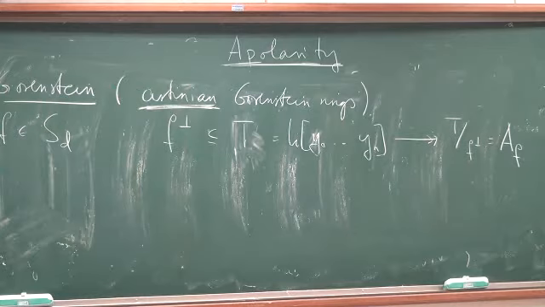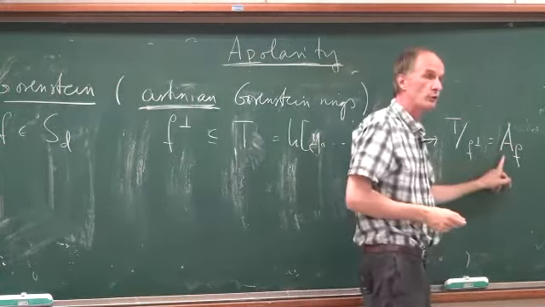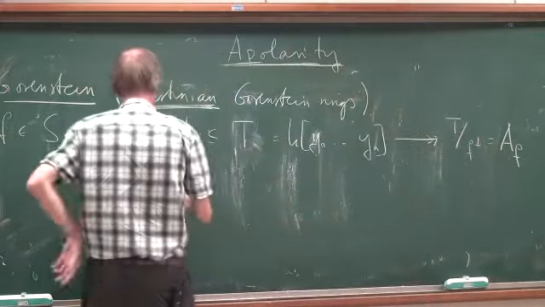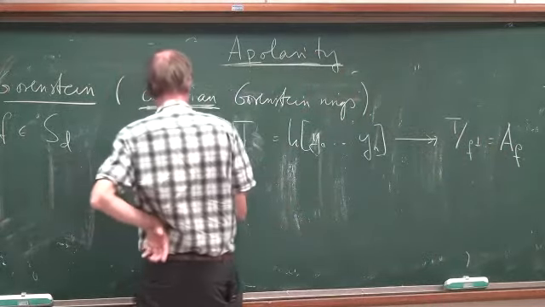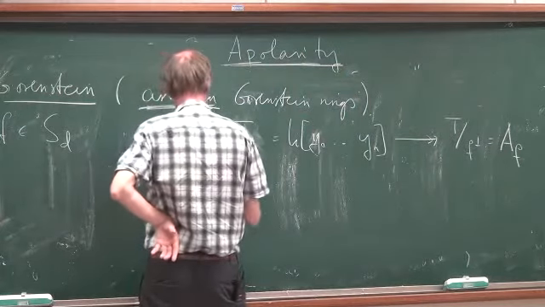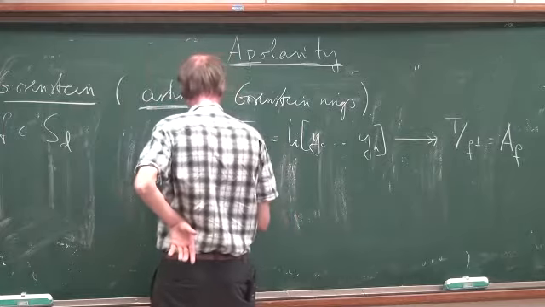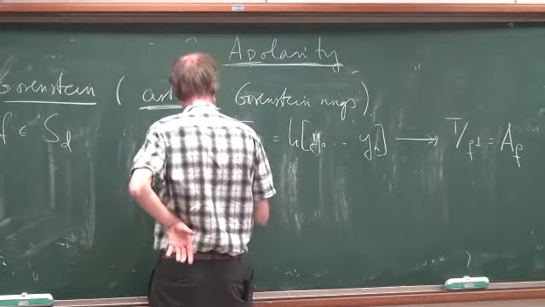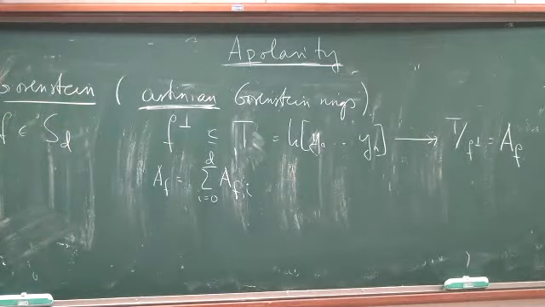But the beautiful thing is that this is also Gorenstein. So this here is the sum of A_F,i, from i equals 0 up to d. This is the grading of this ring. This is a graded ring when f is homogeneous.